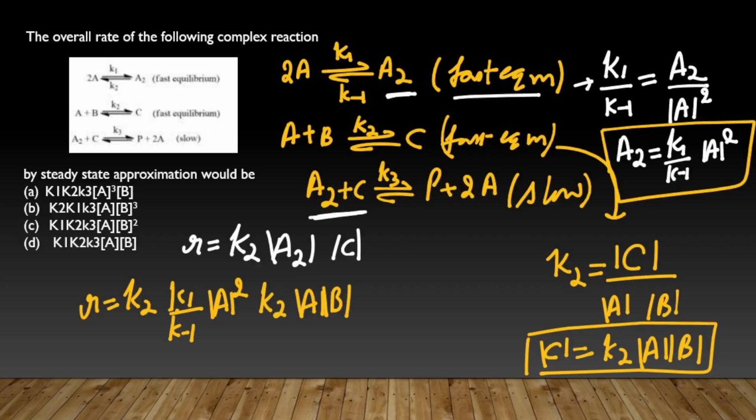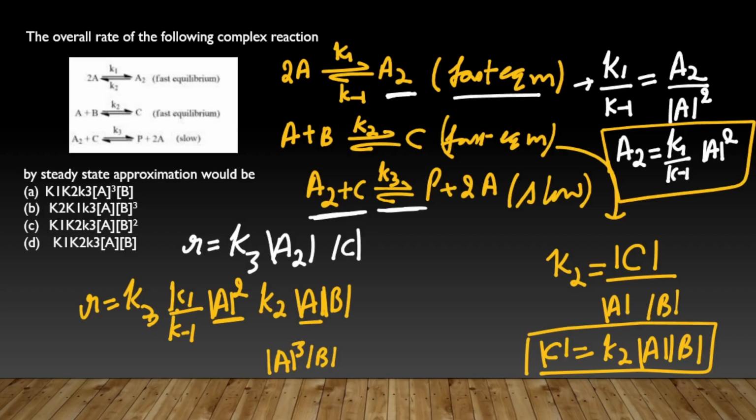Here I made a bit of a mistake. In the final expression the rate constant is K3, because the rate constant for this slow step was K3. So here instead of K2 it will be K3, right? So this is the one we are getting. Here the overall power of A becomes A cube, and B is there as well.